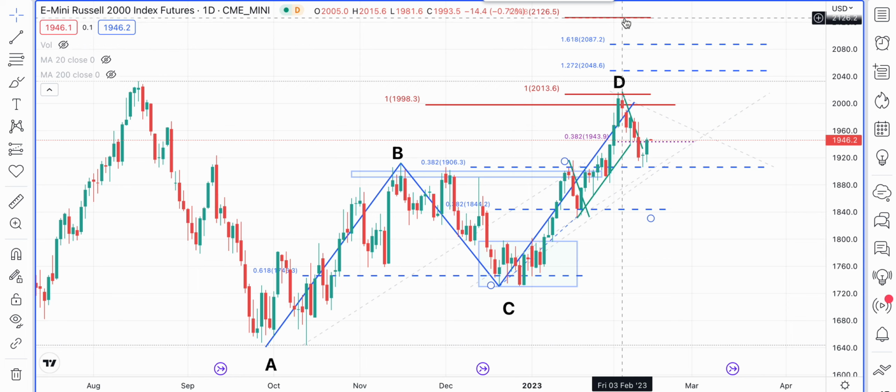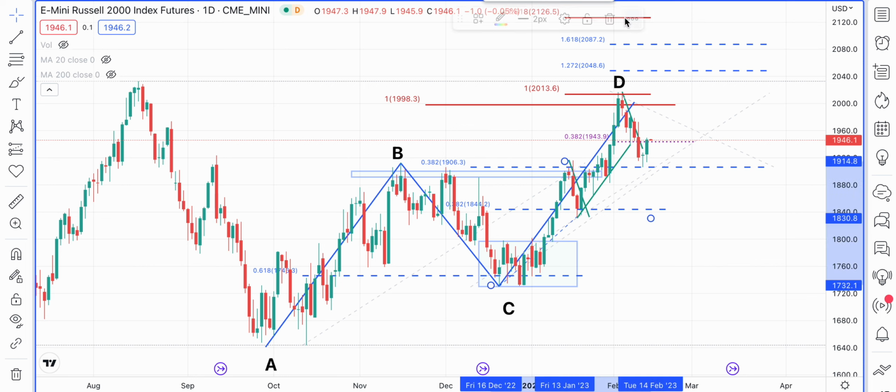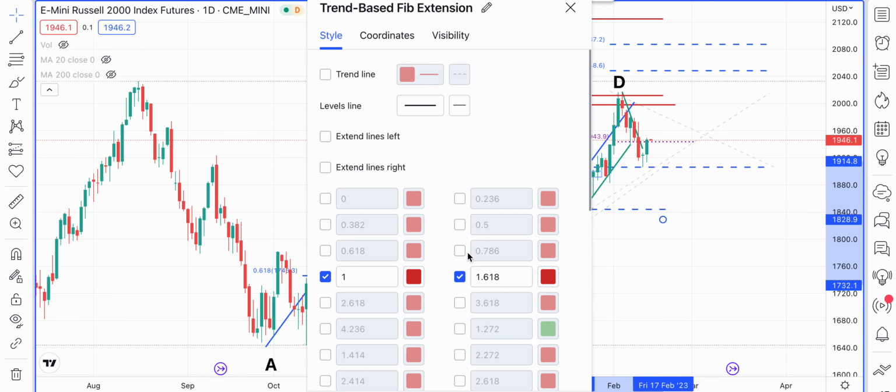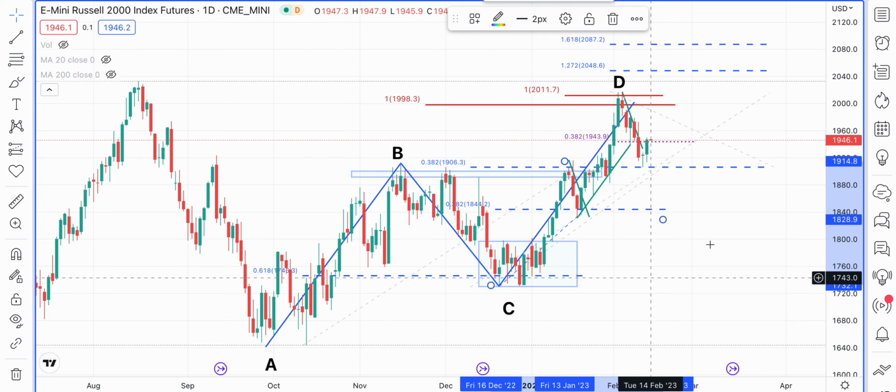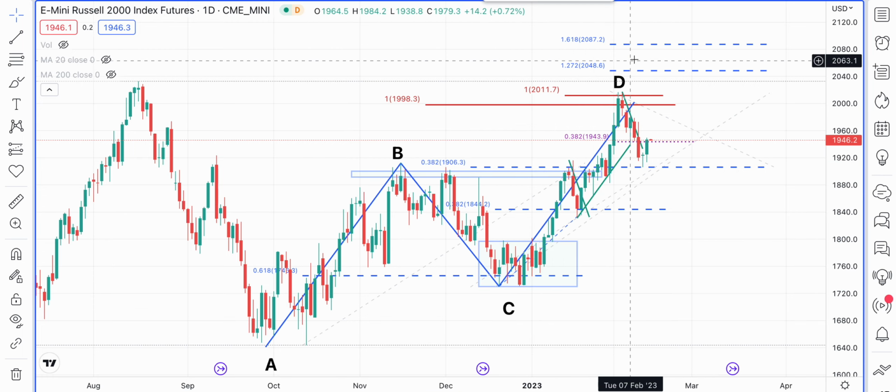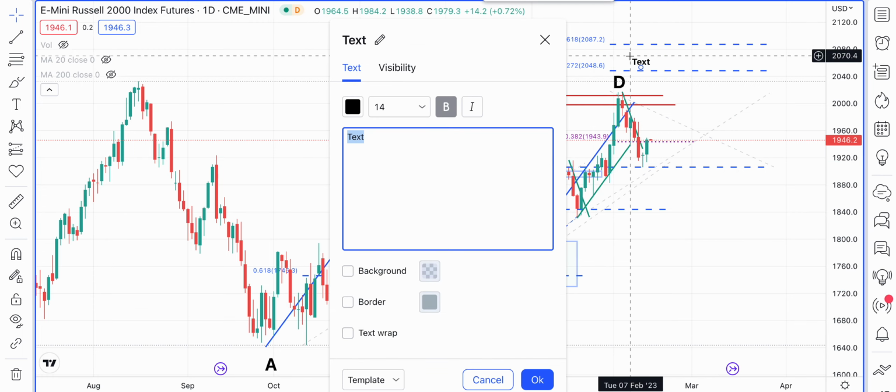There is also another ABCD pattern coming in, sorry, that is the 1.618 expansion level. For now, I'm just going to remove that, and what we are looking at is the possible resistance zone. So let me just write that.